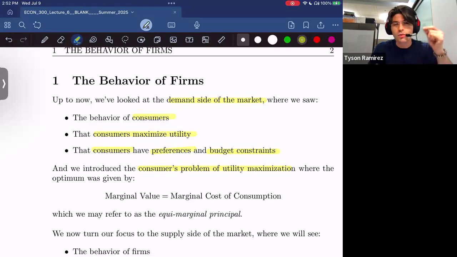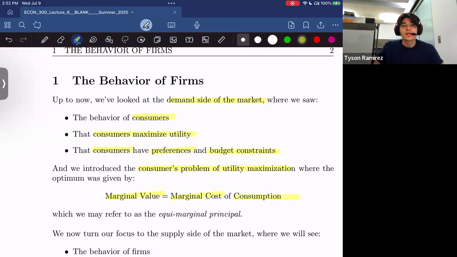What we learned was that in our models, whatever the consumer chooses to do, whatever is optimum, is characterized by the rule that the marginal benefit is equal to the marginal cost, specifically the marginal cost of consumption.